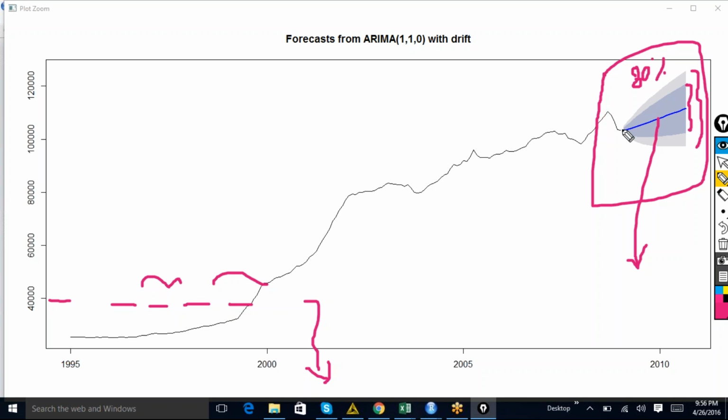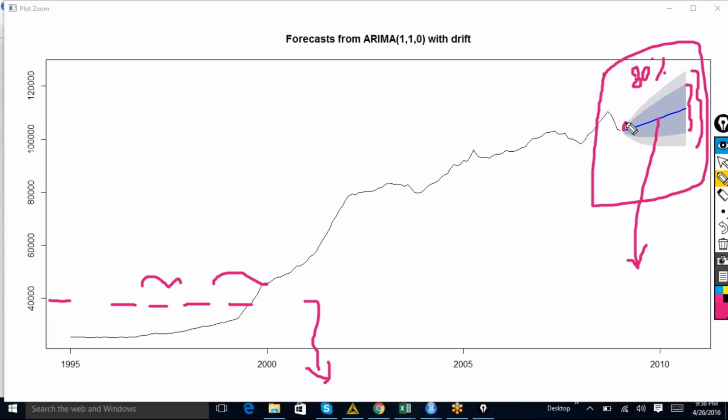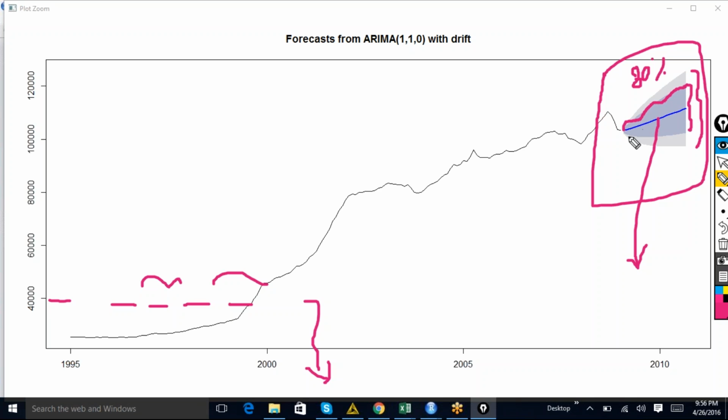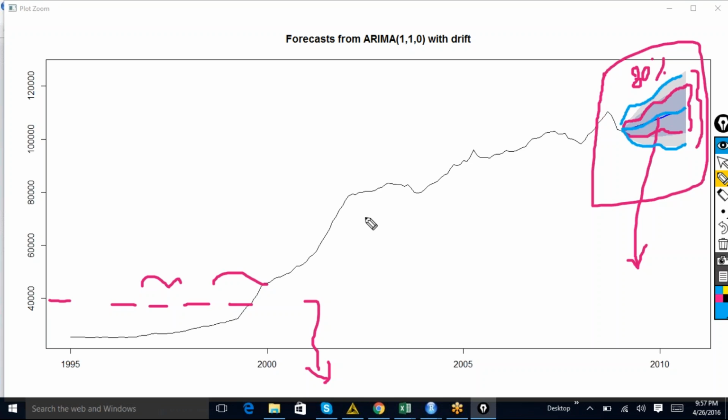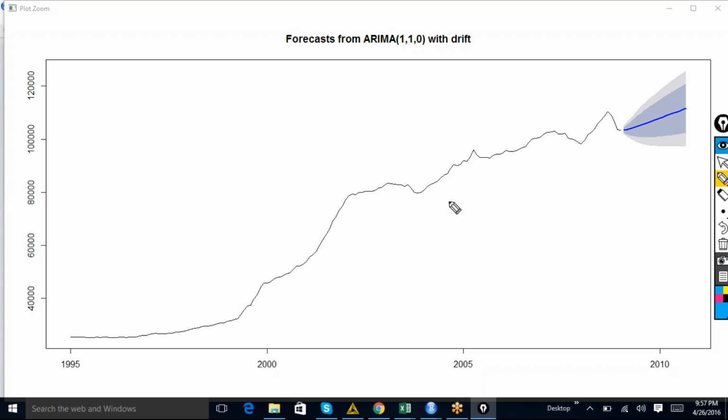So with 80% confidence, the sales will be between this range and this range, and with 95% confidence, let me use a different color, the sales will be between this range and this range, but the average predicted sales is going to be the blue one, right? So this is how you use ARIMA in R, and you can do the forecasting.